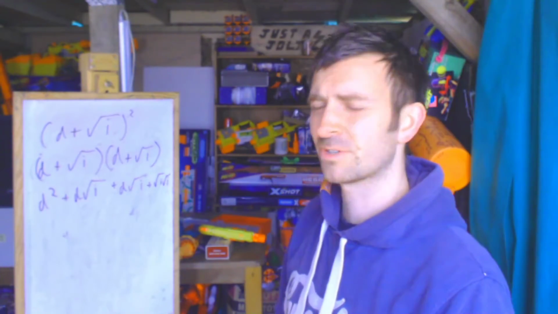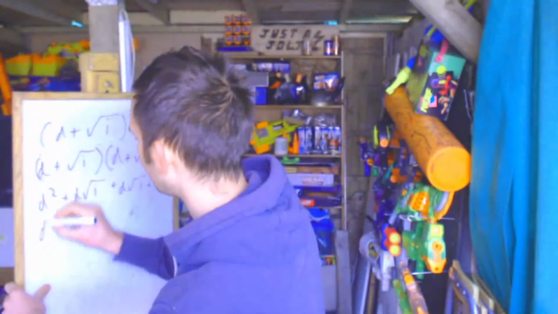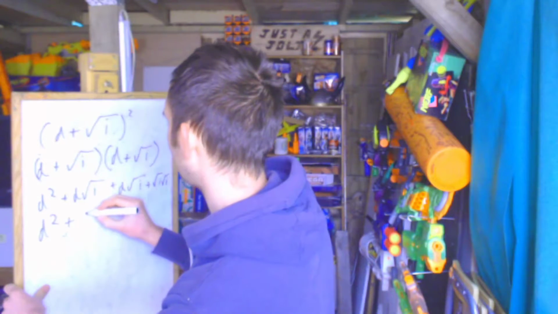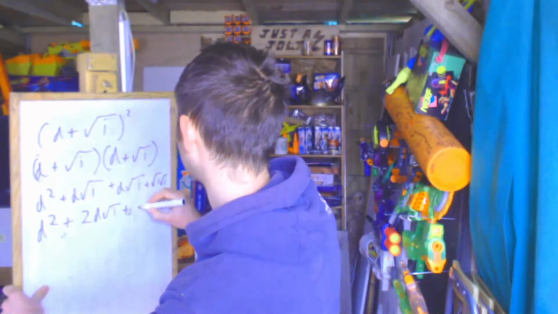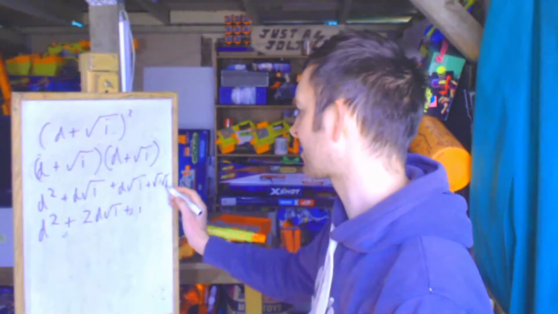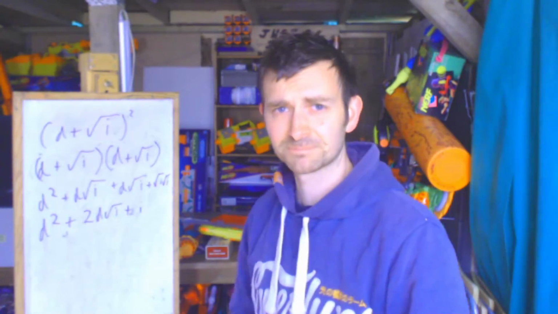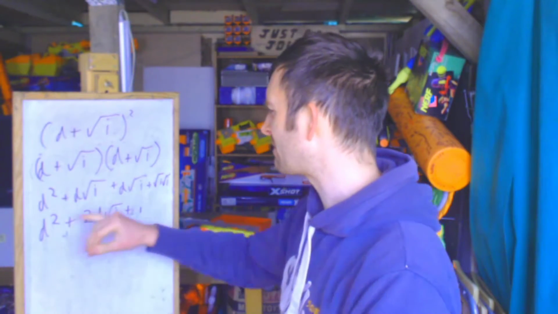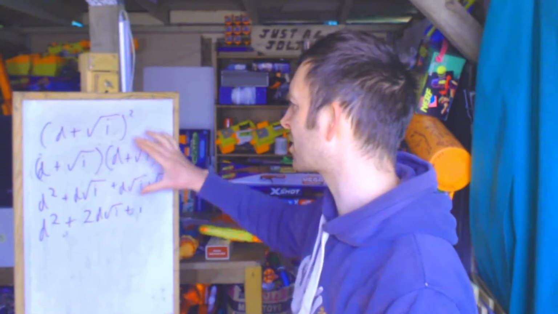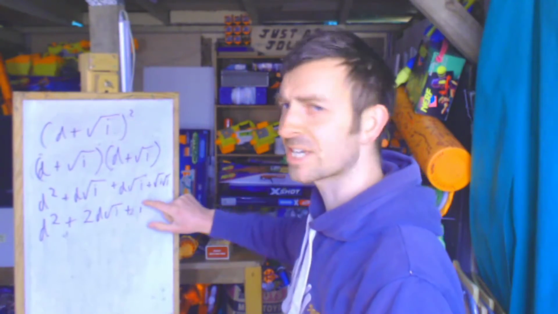So it simplifies down to d squared plus 2d root I plus I, because remember that root I times root I cancels down to just I, and that's our answer. And if we memorize this, then we can go straight from that to this.